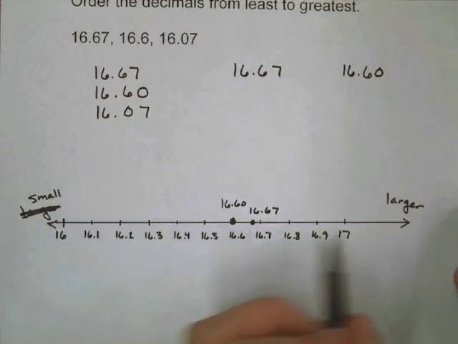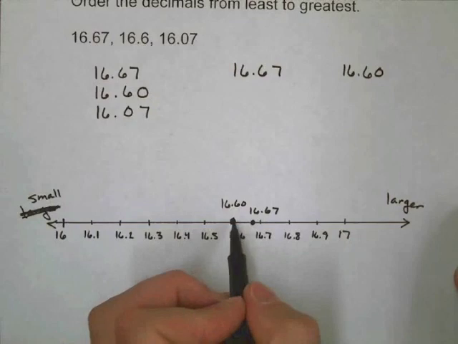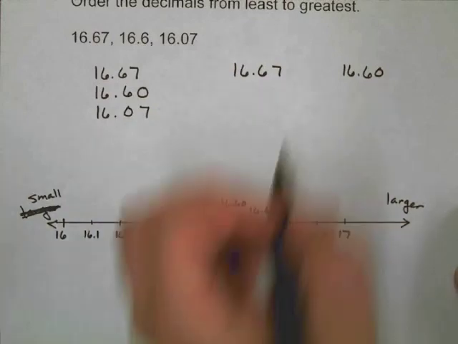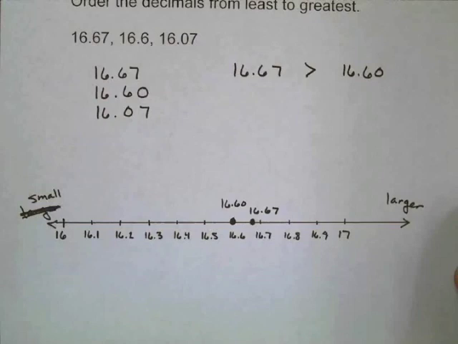So we want to see which one of these is the larger number. Well, this one, 16 and 67 hundredths, is further to the right on the number line. So 16 and 67 hundredths is larger than 16 and 60 hundredths.